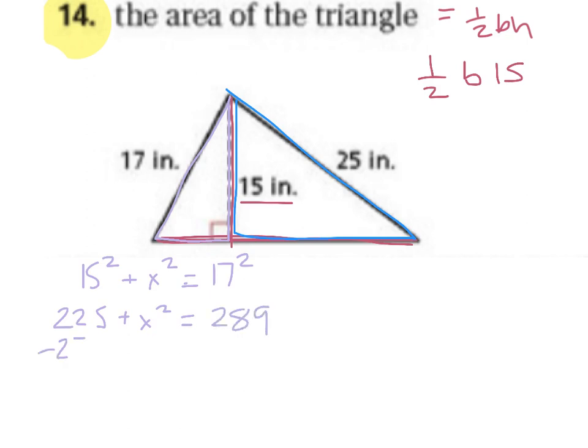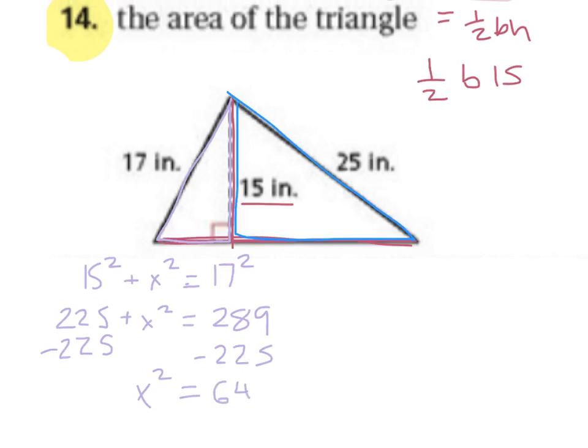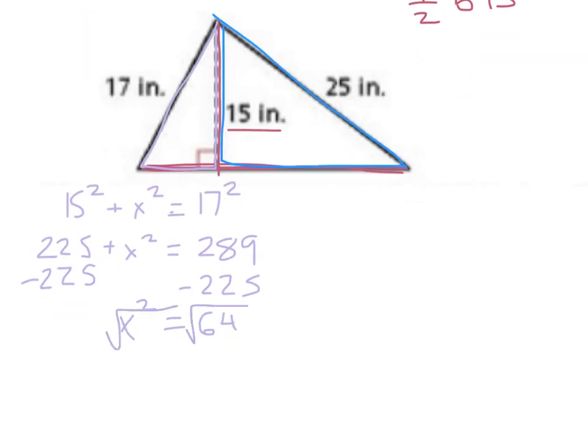So we just subtract 225 from both sides. So we have x squared is equal to 64. And we just take the square root of both sides. So x is equal to 8. So this length here is going to be 8 inches.